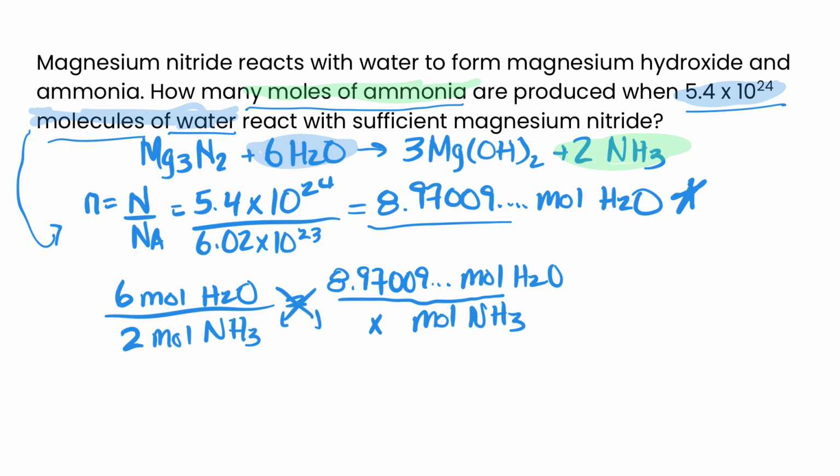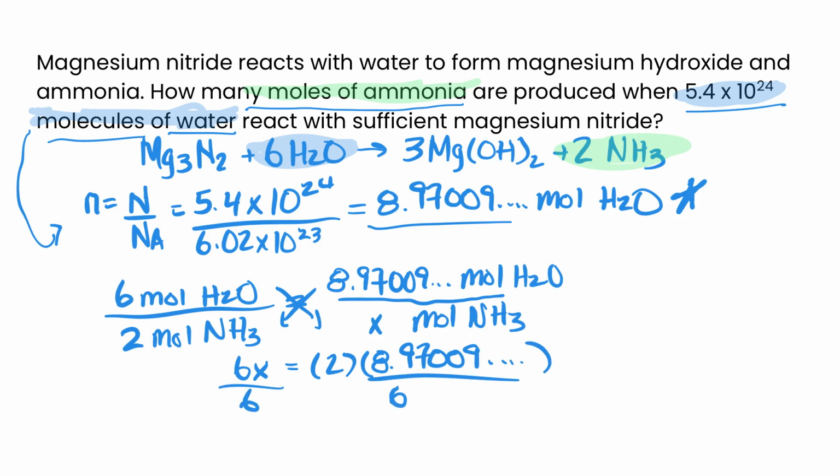So 6x is equal to 2 times the 8.97009. And then if we divide both sides by 6 too and do that calculation, that is going to give us an x value of 2.99003, so on.